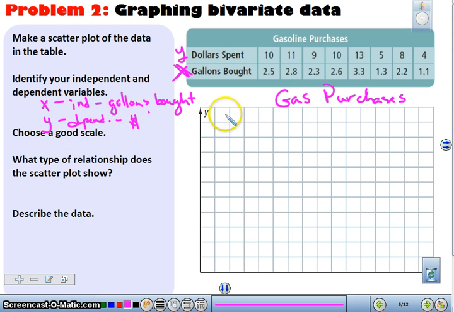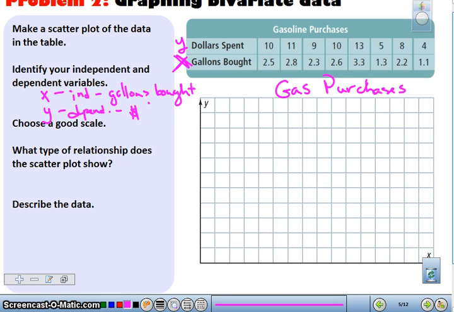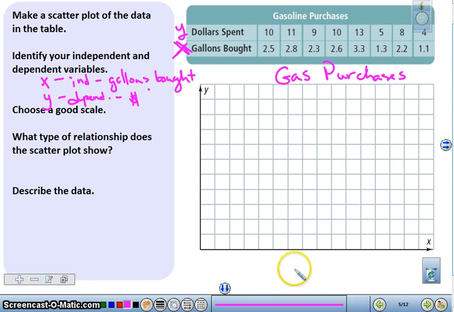So we want to choose a good scale. So if we look at our X values, they go from 1 up to 3.3. So again, as we make our scale, we have our title on the top, gas purchases, and we are going to put, we just said this is going to be our gallons bought. So we're going to label it down here.